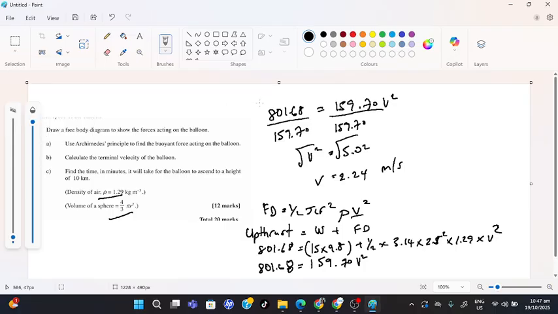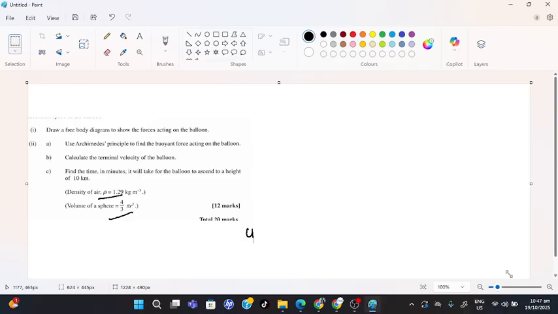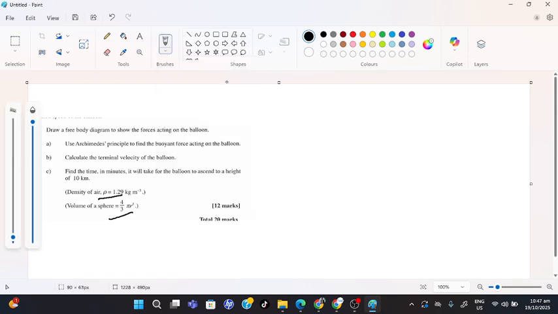If I want time, the only equation I can think of with time in it, given distance and acceleration, is Newton's. I'm going to assume you don't reach terminal velocity. x is equal to ut plus half gt squared.